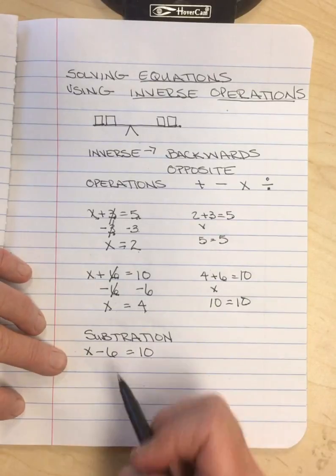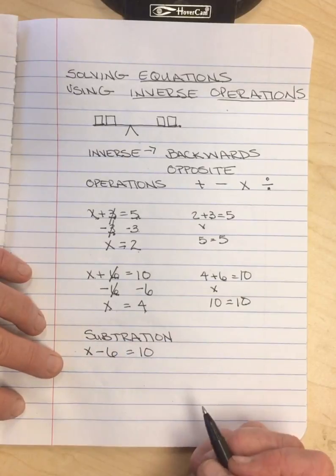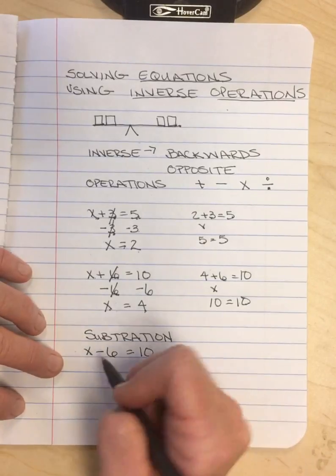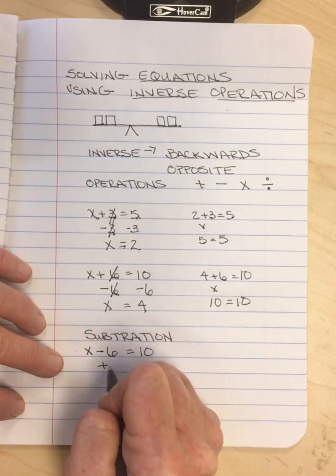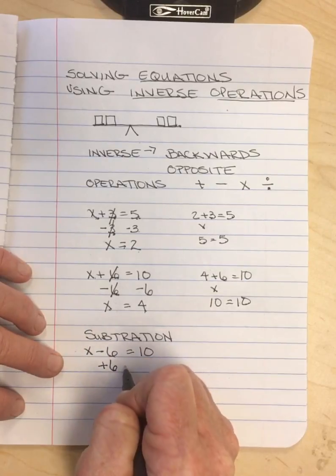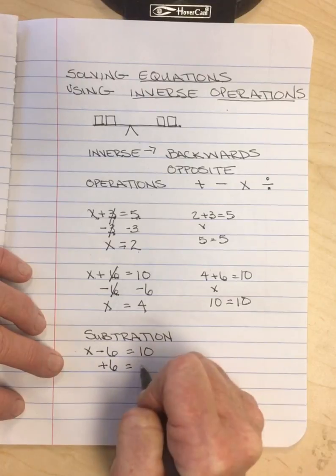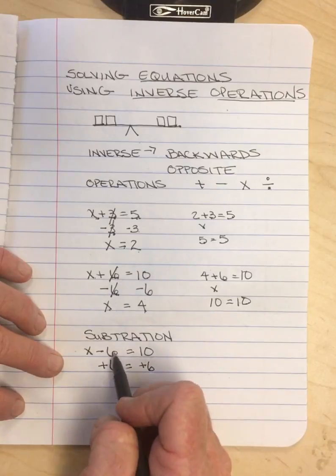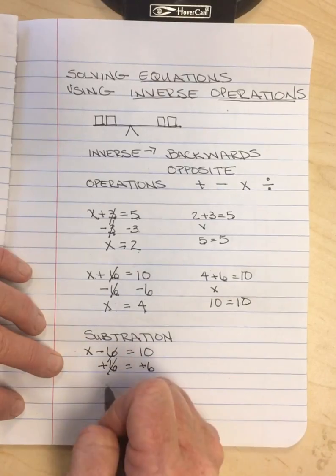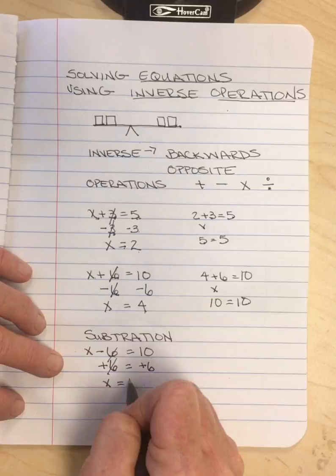I'm going to use inverse operation, so I'm going to use just the opposites to solve my problem. If here I'm subtracting 6, if I add 6 to both sides, remember what I do to one side, I have to do to the other side.